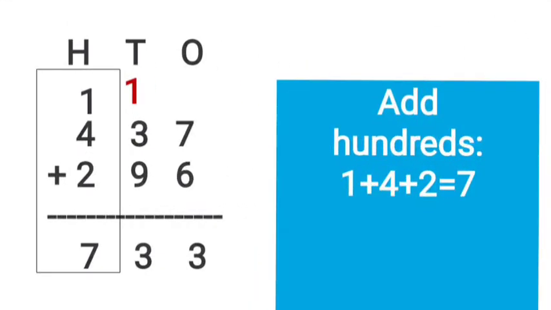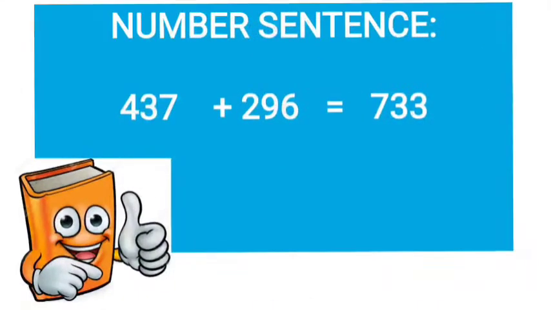So now add the hundreds column. We add 1 plus 4 plus 2, which is equal to 7. So we got our sum, 733. Now let's write the number sentence: 437 plus 296 equals 733.